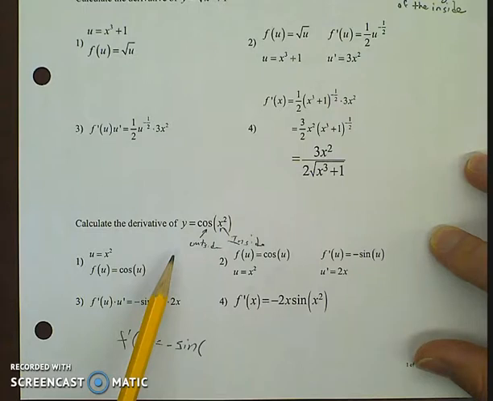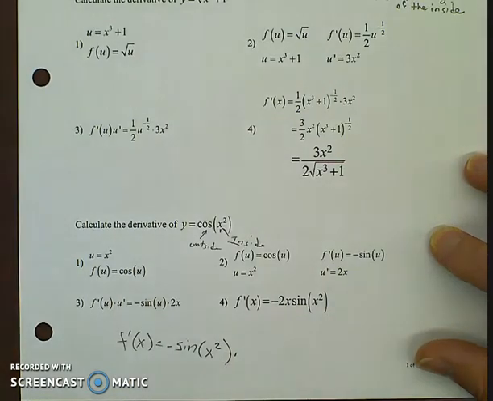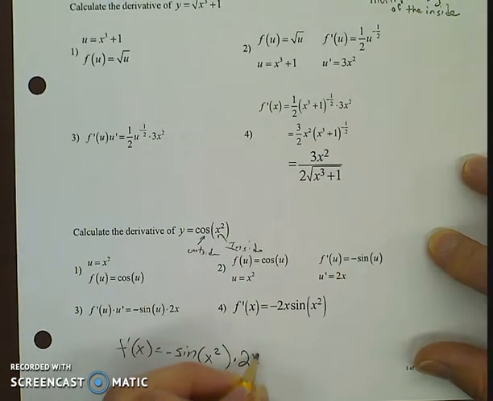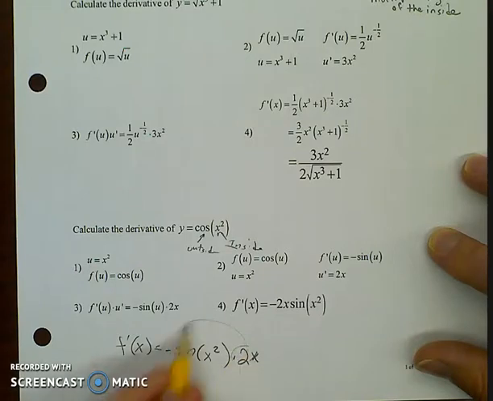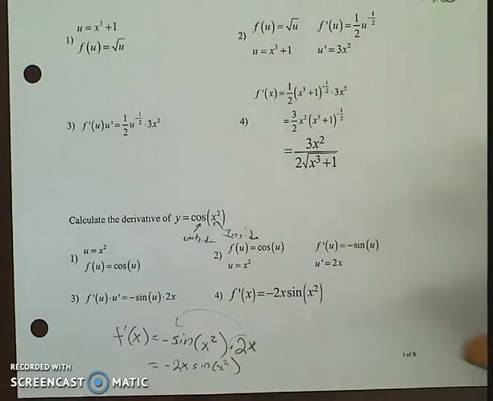That's the derivative of the outside, multiplied by the inside, or keep the inside the same, then multiplied by the derivative of the inside, 2x. Bring this 2x out in front, you get negative 2x sine of x squared. That's everything we just did, but in a shortcut way.